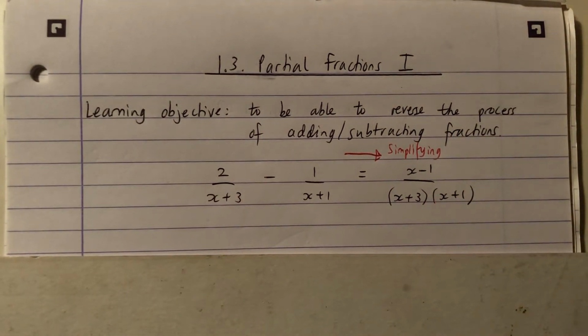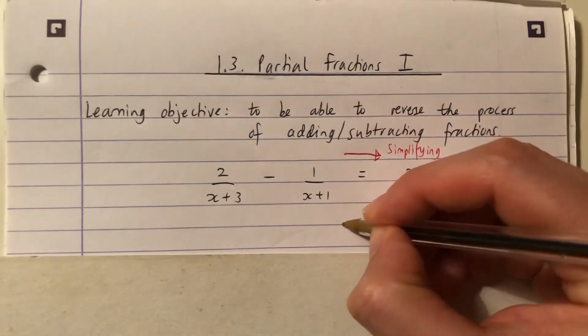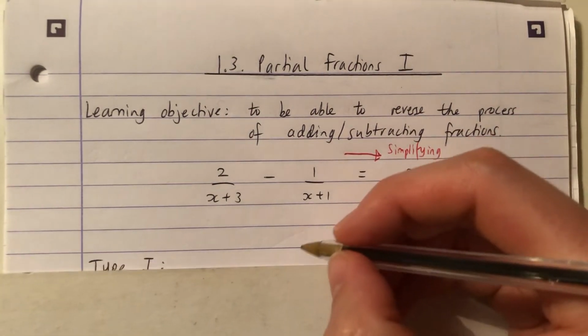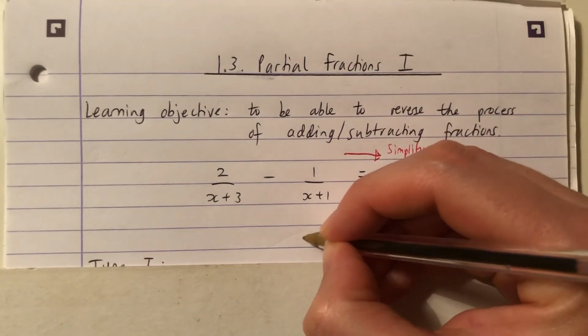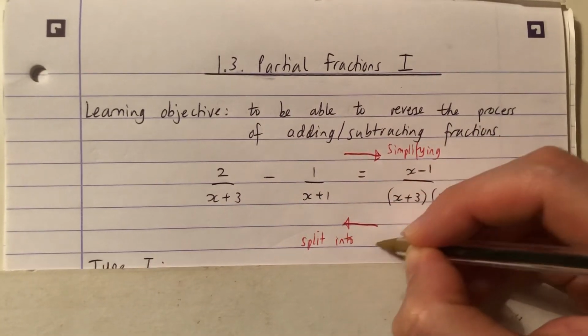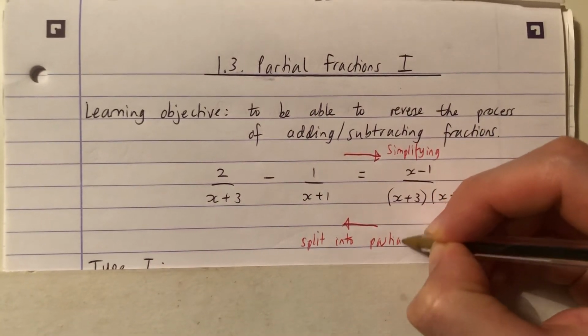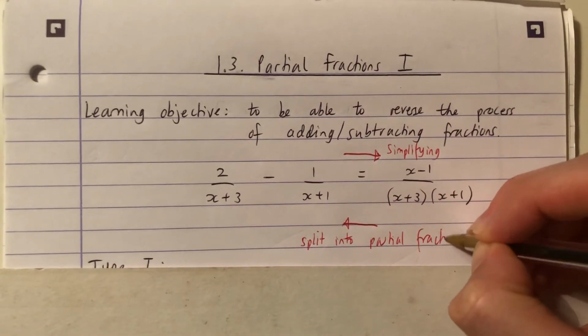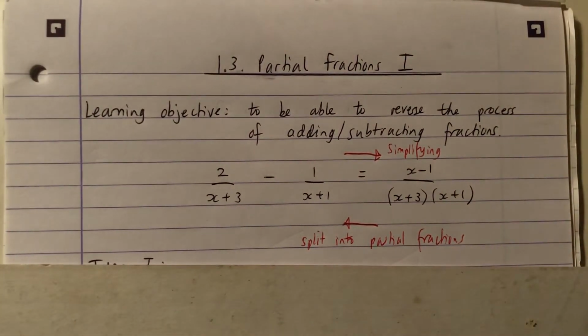The main thing for today is coming up with a method to reverse that process, and going in the opposite direction is called splitting into partial fractions. It's going from right to left that is how we're going to approach today.